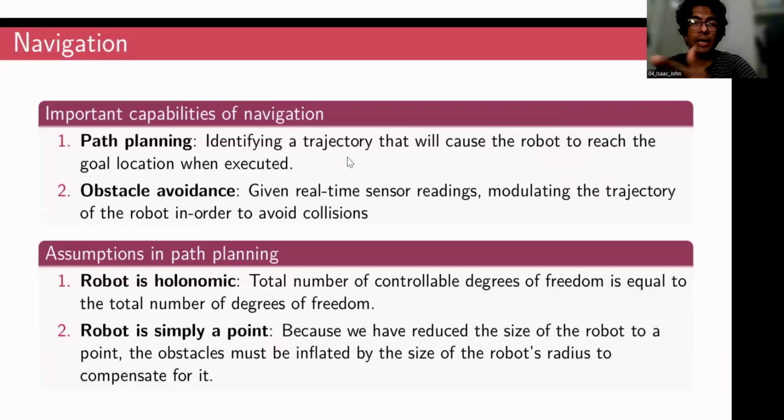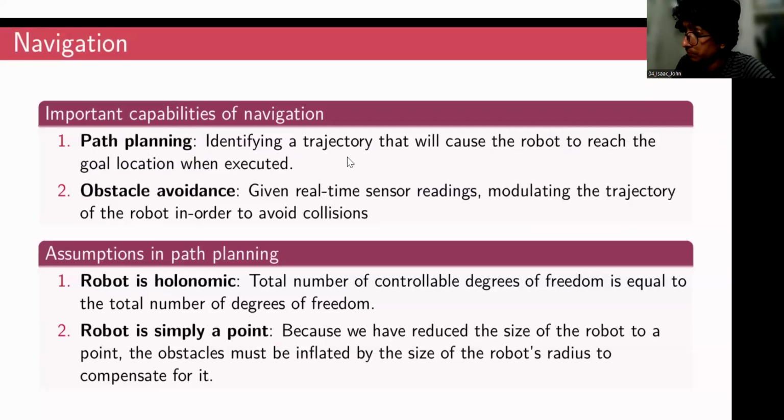So it has to dynamically adapt its trajectory in real time, as per the sensor readings. So that's what we expect from the navigation subsystem. First, it has to identify the optimal path, and then while executing that path, it has to actively adapt around it so that any collision with dynamically moving obstacles can be avoided.